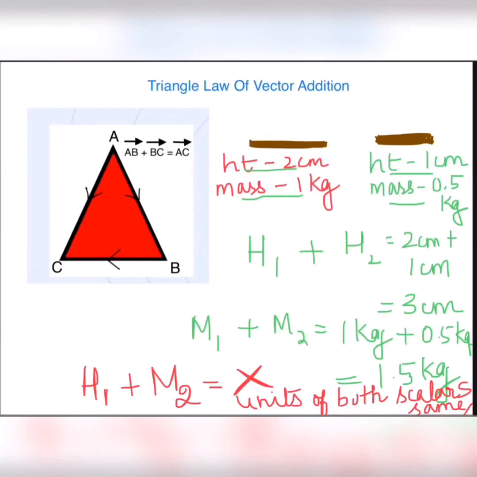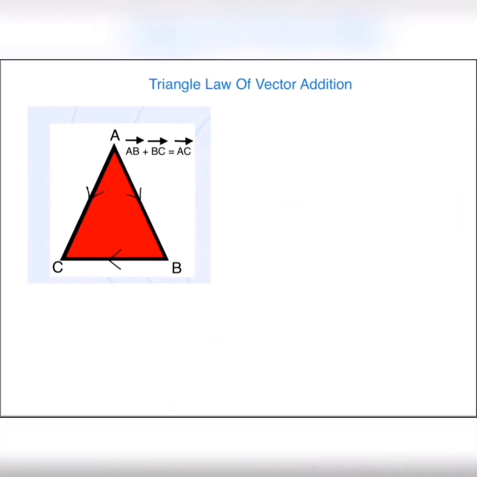Similarly, what is the condition for adding two vectors? We saw that for adding two scalars, the physical quantities of the two scalars should be the same. For adding two vectors, the vector quantities should be the same. What does that mean?